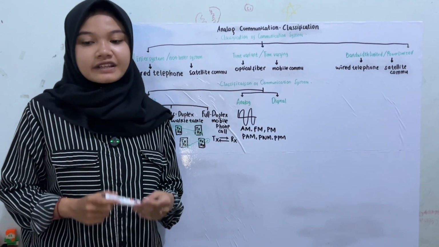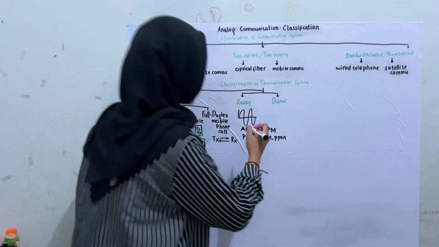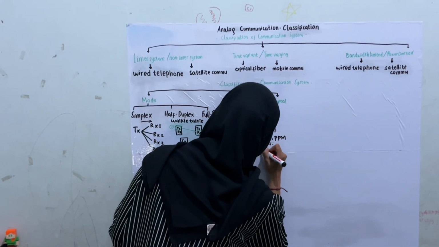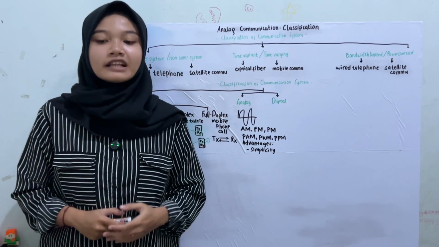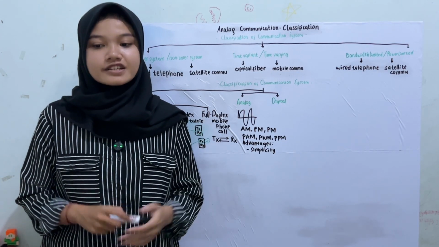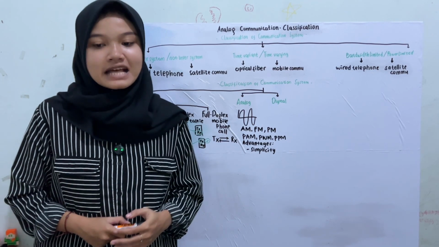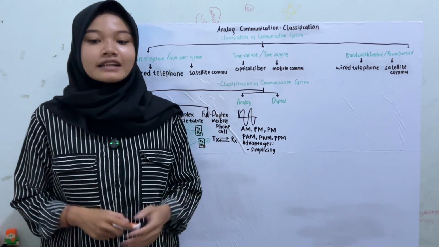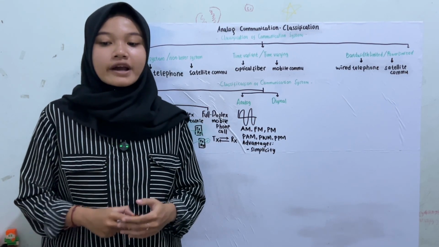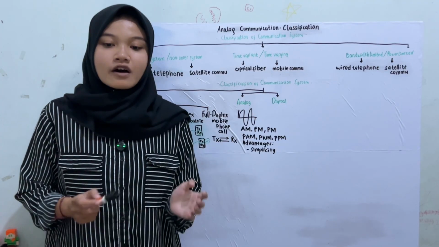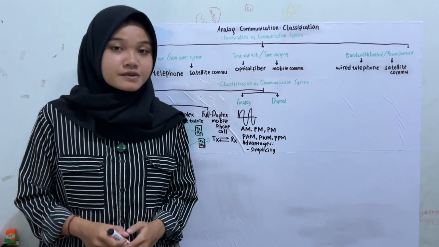One of the main advantages of analog communication is its simplicity. The circuits required to build analog communication systems are generally less complex, making them easier and less expensive to implement. Another advantage is that analog communication often requires relatively small bandwidth for certain applications, such as voice transmission.